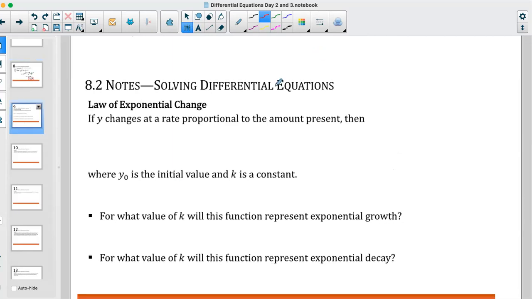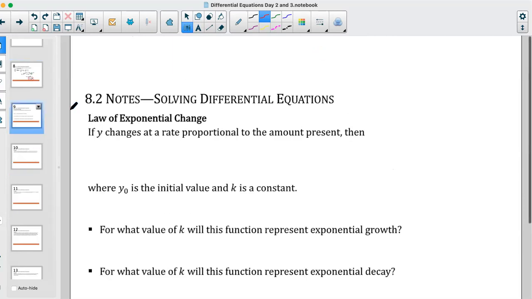This is a summary of the law of exponential change, which says if y changes at a rate proportional to the amount present, so if the amount of something changes proportionally to how much of that something there is, then we would say that y equals c e to the kt, where k is some growth constant and c is some other constant.